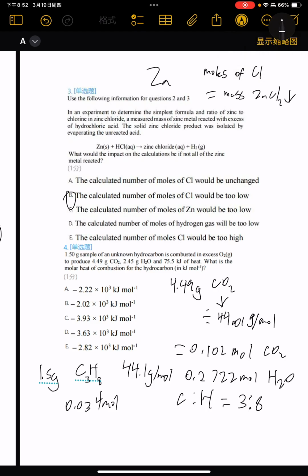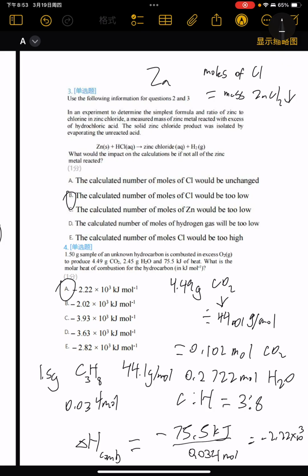And since there's 0.034 moles of the hydrocarbon, we can calculate the molar heat of combustion for this hydrocarbon as negative 75.5 kJ divided by 0.034 moles, which is equal to negative 2.22 times 10 to the third, or A.